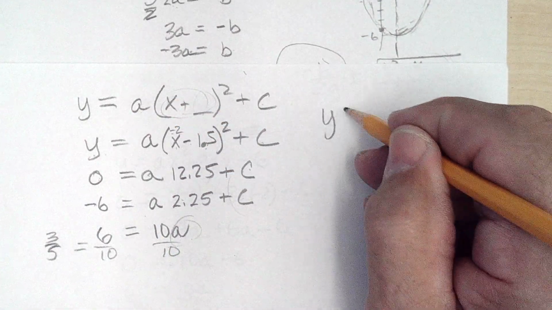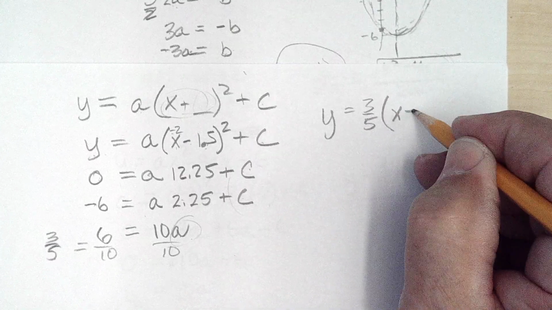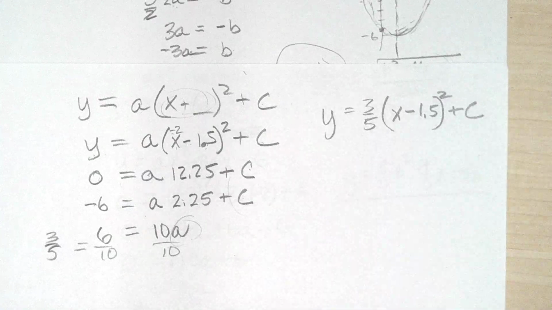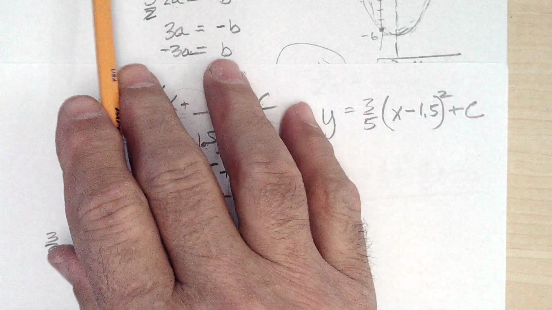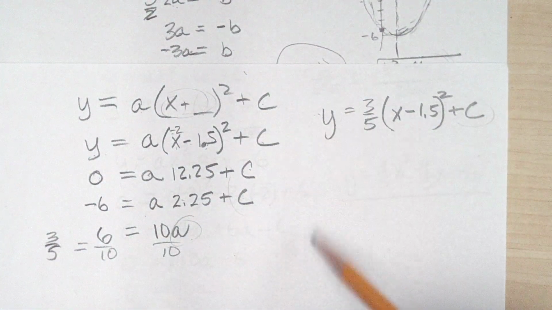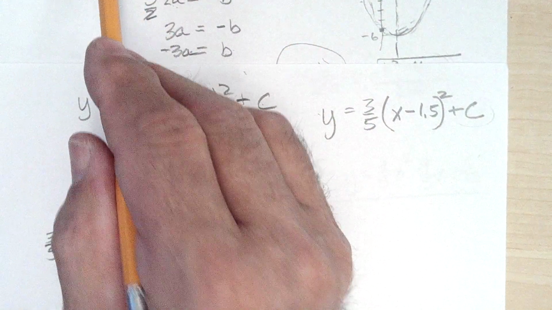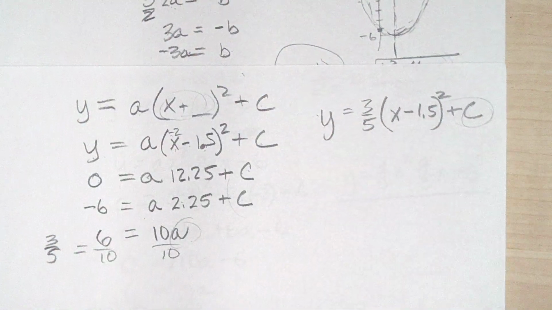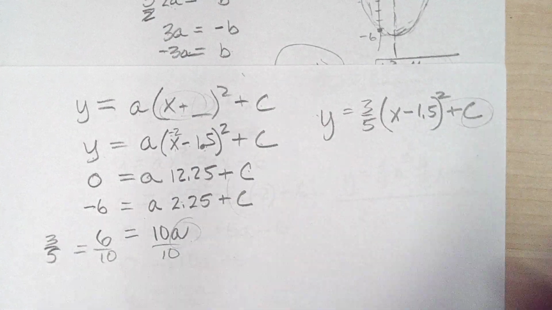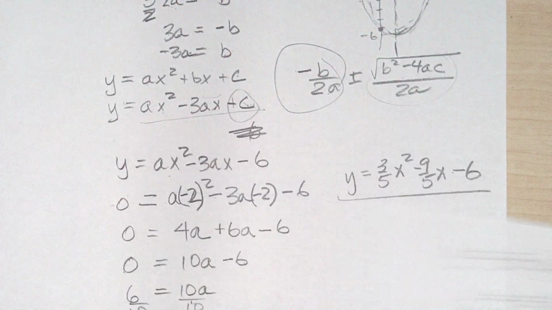So I have y equals 3/5 times x minus 1.5 squared for the center line plus c. And if I put in, say, 0 for x and negative 6 here, I can figure out the c. Or I can put in negative 2 here and it's got to come out to be 0 and figure out what the c is. So that's 3 different ways to use the 3 points to find the equation.